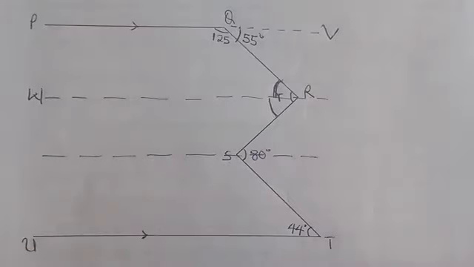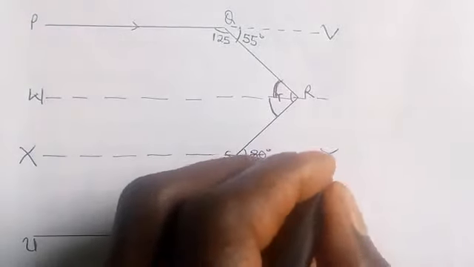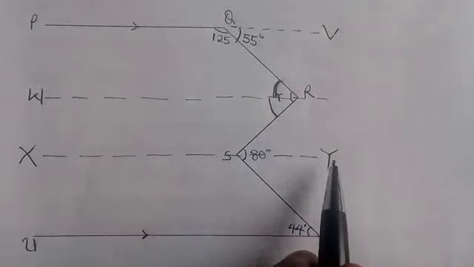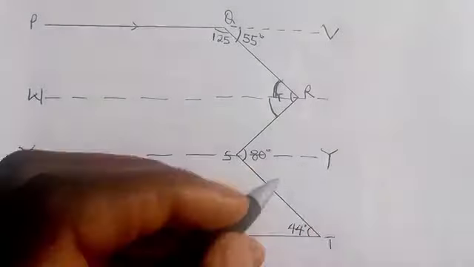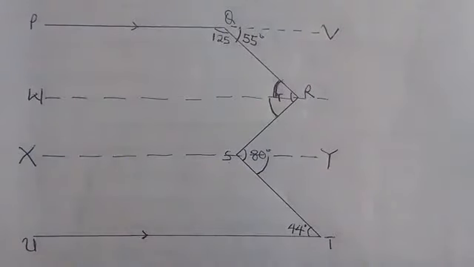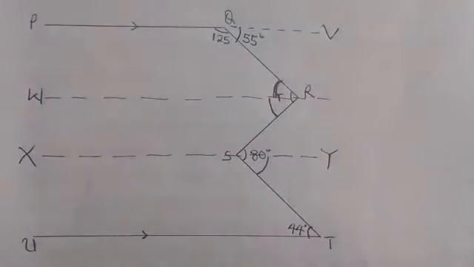So let's label this one XY. With this, we can have angle TSY. So angle TSY here is related to angle UTS or STU.